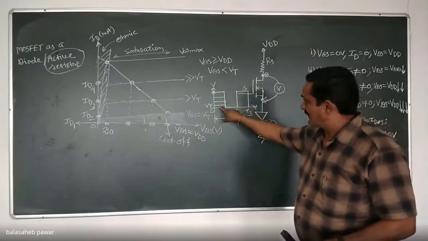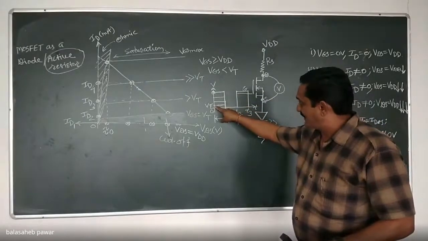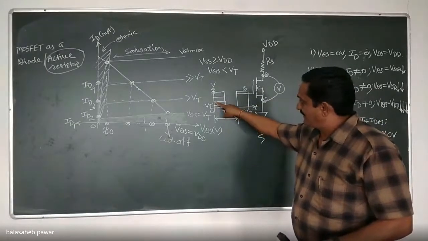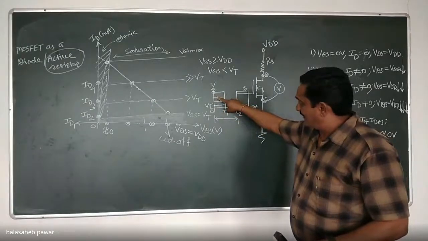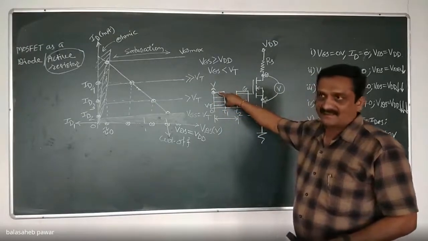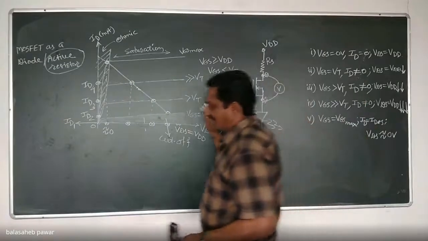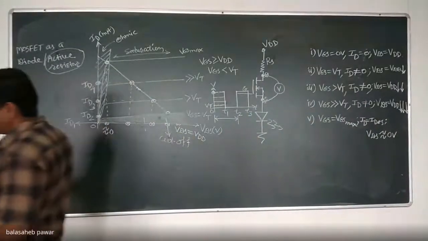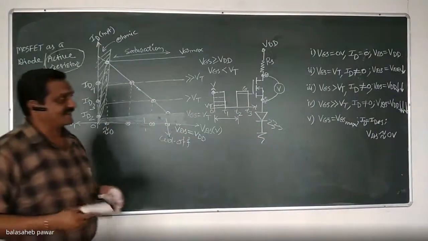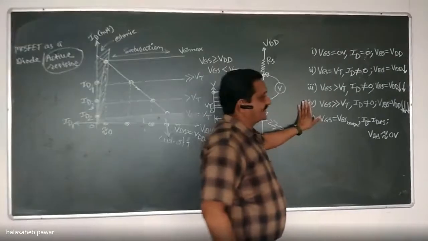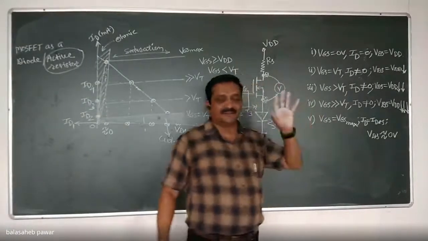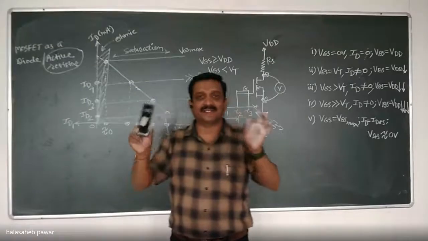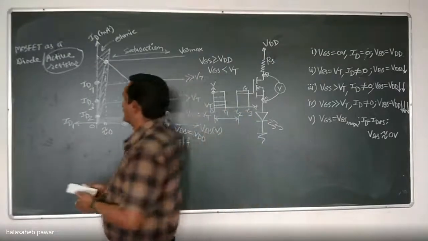I have shown multiple levels here: VGS equals VT, somewhat greater than VT, somewhat more greater than VT, and VGS max. Is it clear? So by changing the level of VGS, we can use that MOSFET as an active resistor. Okay.